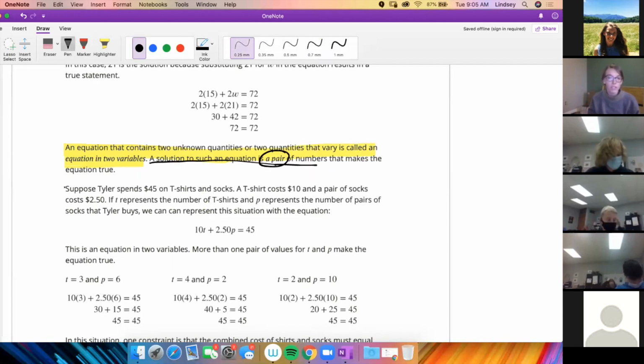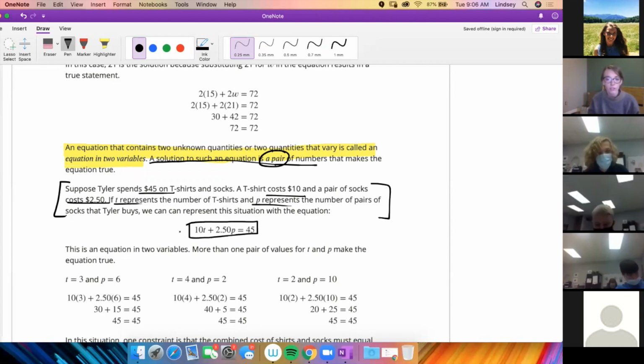So they give us this real world situation here. Tyler spends $45 on t-shirts and socks. The t-shirts cost $10, the socks cost $2.50. T represents t-shirts, P represents the number of pairs of socks. So they give us this equation here to represent that situation.